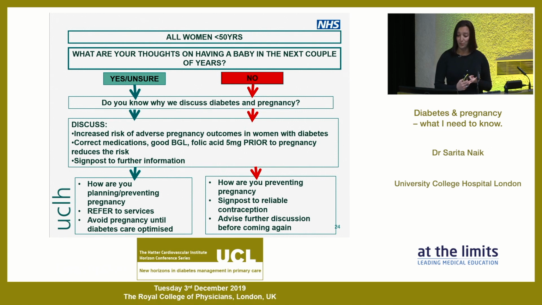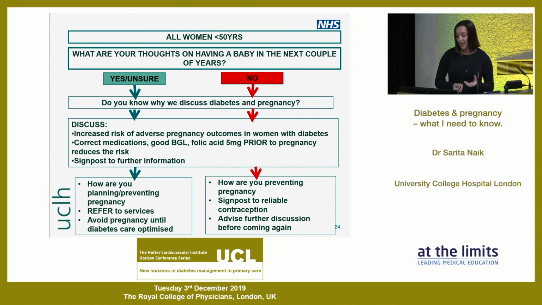You can go on to ask them, do they know why we discuss diabetes and pregnancy? And you can also talk about the increased risk of adverse pregnancy outcomes. But the important message is that with correct medications, with good blood glucose levels, high dose of folic acid prior to pregnancy, you can reduce those risks significantly. And you can signpost them to further information.